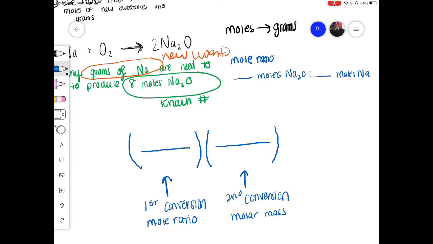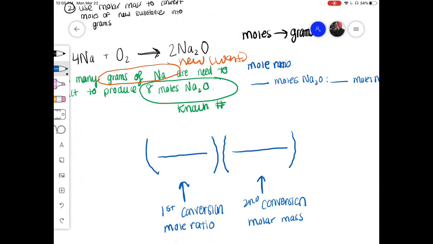From our previous mole ratio conversion video, we know that we get those numbers from our balanced equation. So we are just going to use our coefficients as those numbers. For moles of Na2O, because we have a 2 up front as our coefficient, we're going to have 2 moles of Na2O.